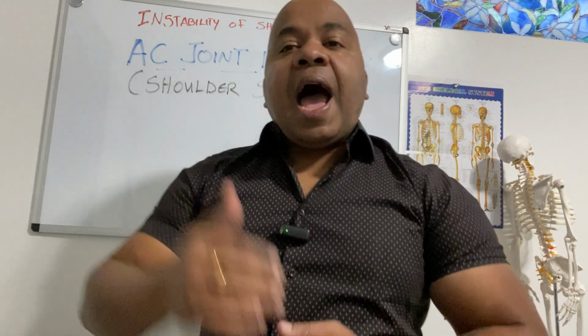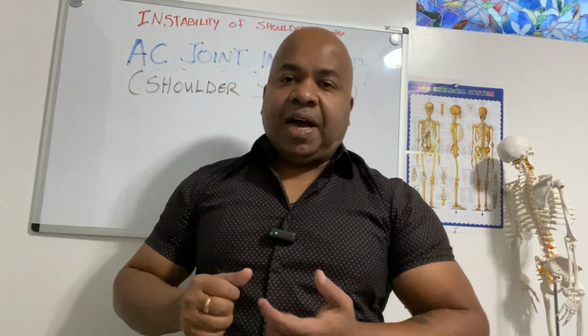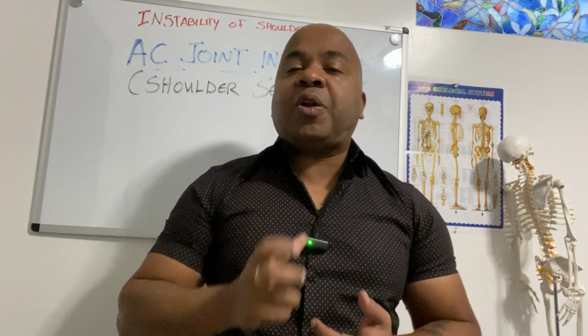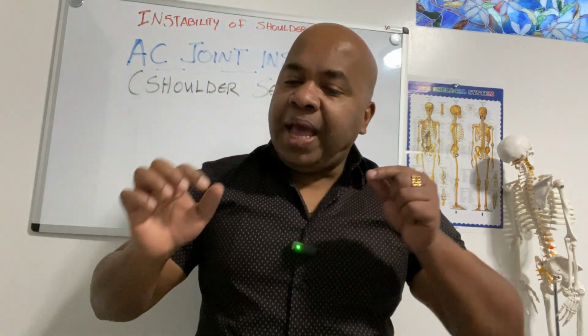So here at the acromioclavicular joint, the upward and downward rotation of the scapula is taking place in the scapular plane, and the axis is an oblique anterior posterior axis.